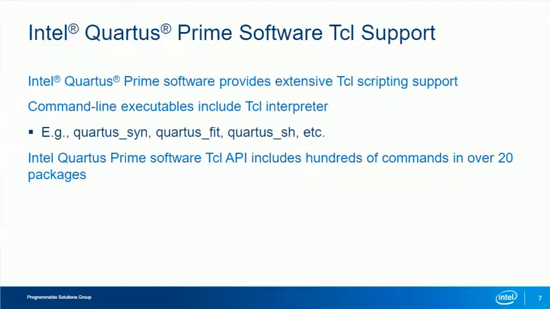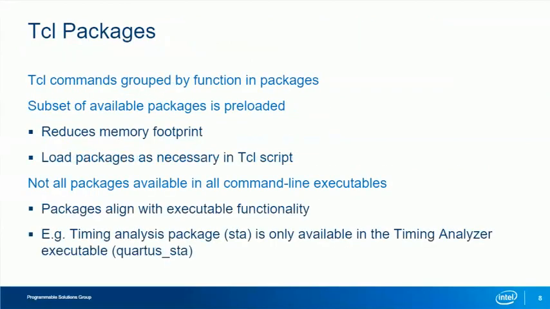The Intel Quartus Prime software Tcl API includes hundreds of commands and over 20 packages. More detailed information about executables and packages will appear later in the presentation and in printed documentation on the Intel FPGA website.